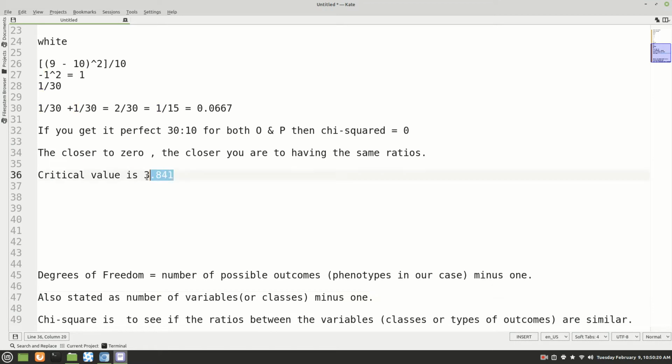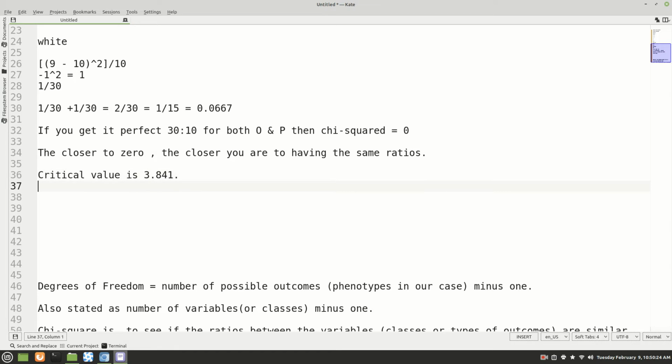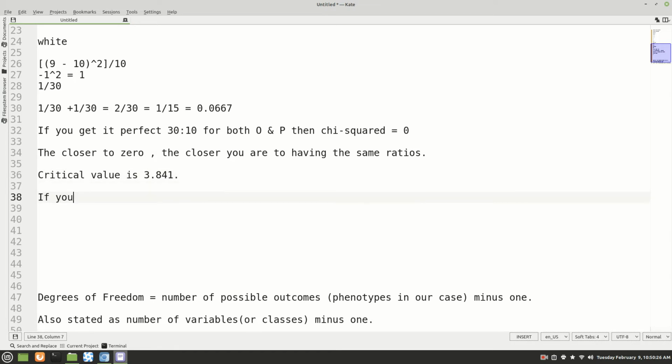So this is our number. If we go over that, all right. If you go over this, it means your ratios are too far apart.